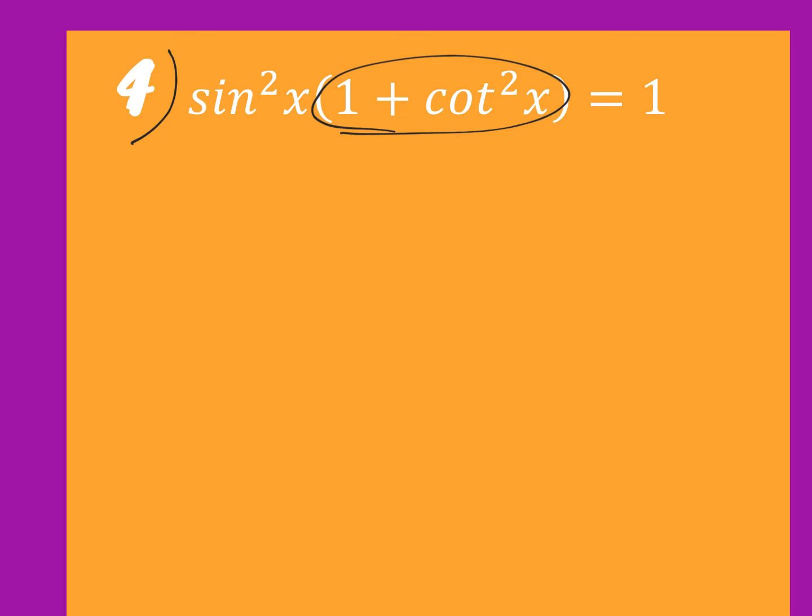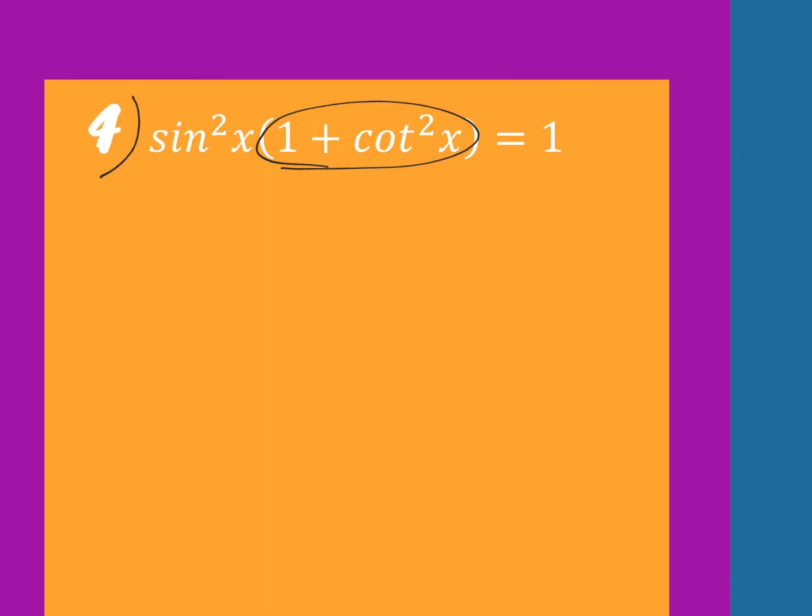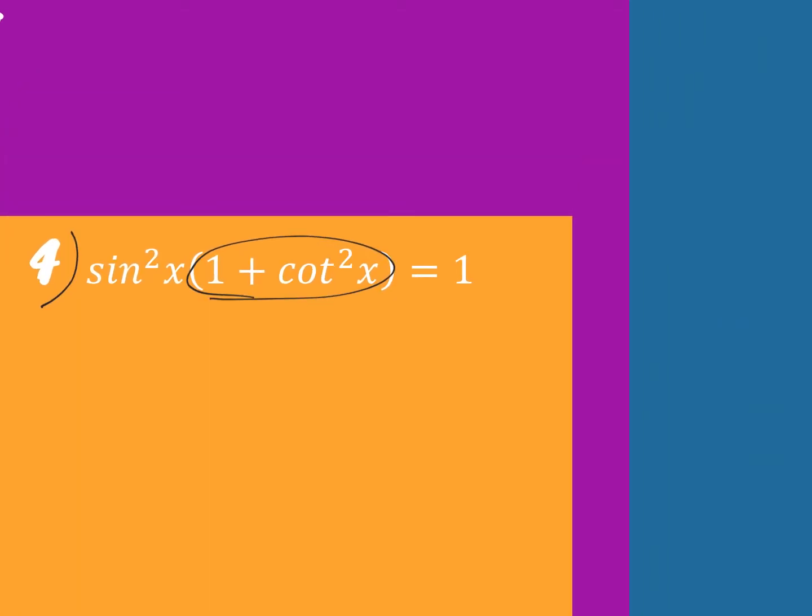Where's that come from? So Ariana, go back to your Pythagorean identities, right? Do you see one that says 1 plus cotangent squared? Yeah. It's close, right? What does it say? One plus cotangent squared x should equal cosecant squared x. Yep. So I can replace that whole thing with cosecant squared, yes?